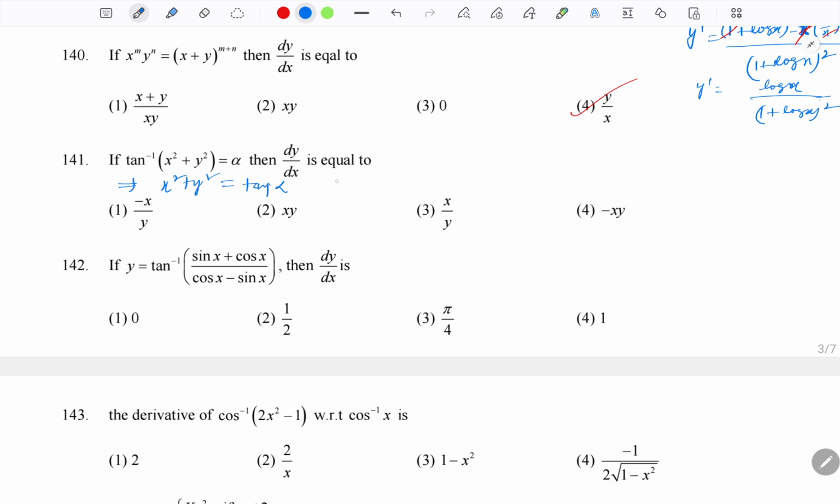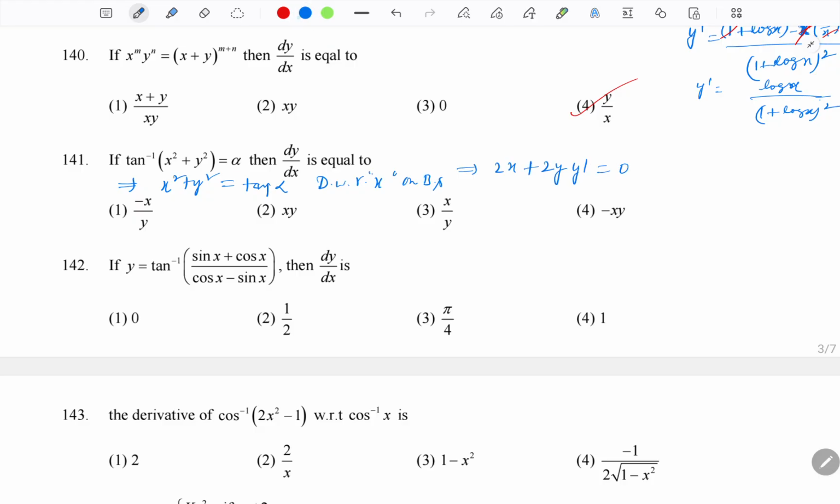If I differentiate with respect to x on both sides, what will we get? The derivative of x square is 2x, and here 2y into y dash. Here tan alpha goes to 0, since it's independent of x, right? Write that down. Then we get 2x plus 2y times y dash equal to 0.